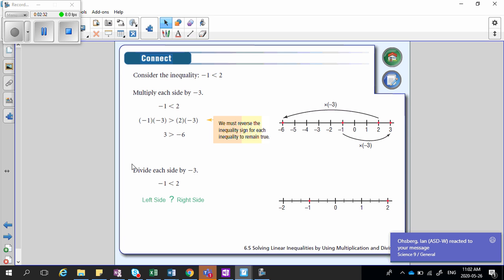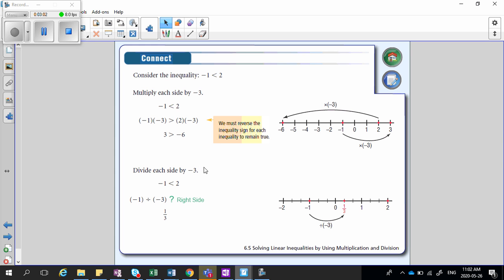What do we think is going to happen if we divide by a negative number? Well, we know that all the time, a negative divided by a negative gives us a positive. Negative 1 divided by negative 3, I said it wrong again, is positive 1/3.